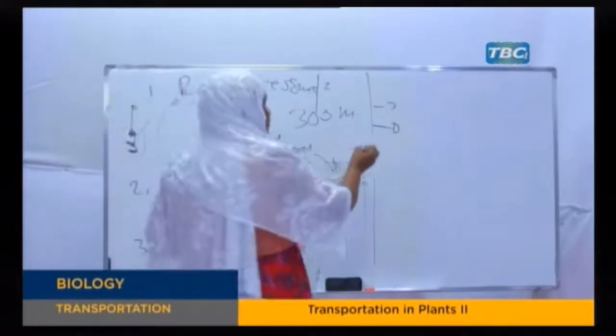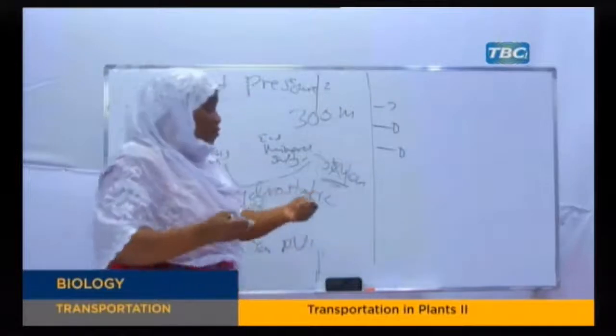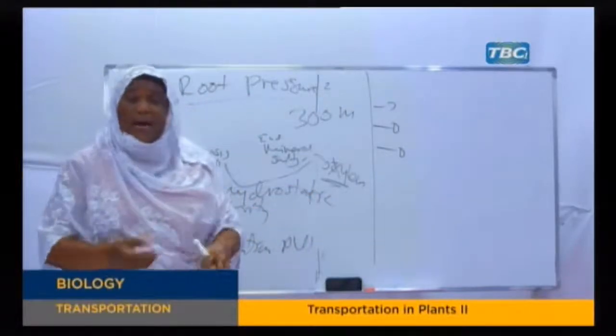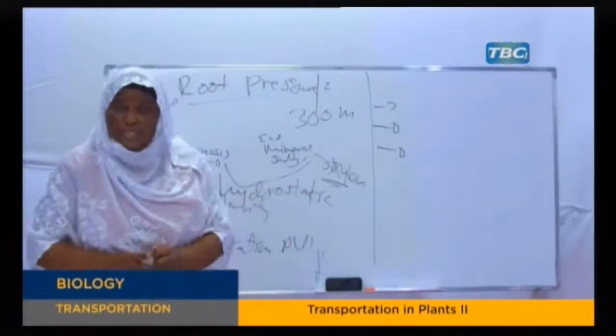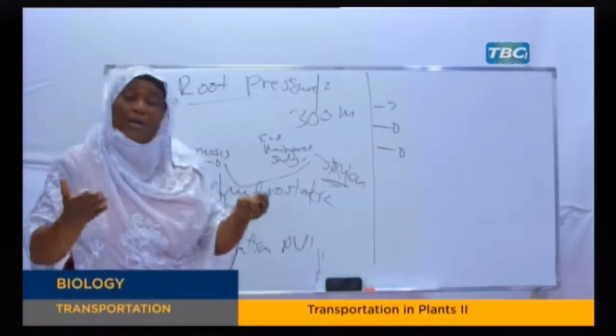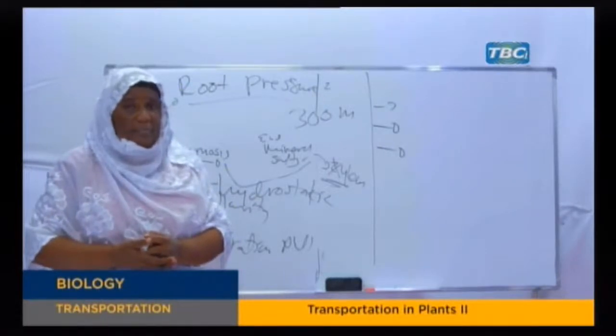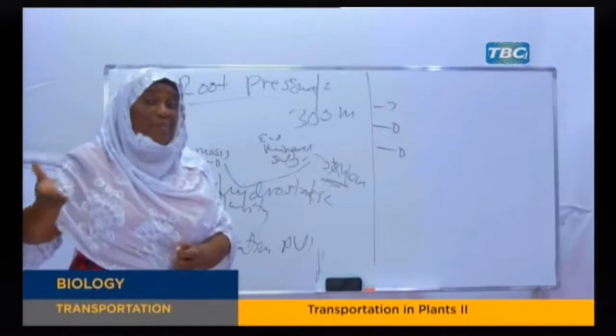Objective number 3 is that you are required to explain upward movement of water. Now, are you able to explain upward movement of water? That means in the xylem vessel, are you able?